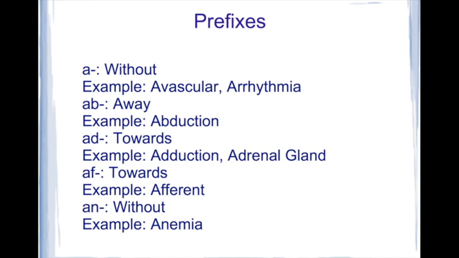Iron deficient anemia is the most common one, where you're not eating enough iron, don't have enough iron in your red blood cells, your erythrocytes, and that could reduce the amount of oxygen, carbon dioxide getting in and out of your body. So anemia, without blood. So you can have anemia because you have lost too much blood.